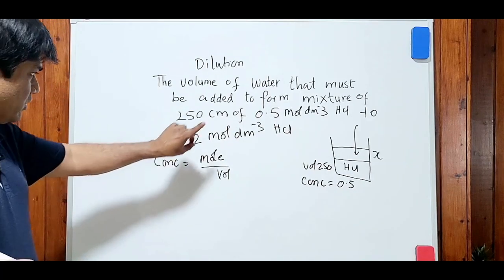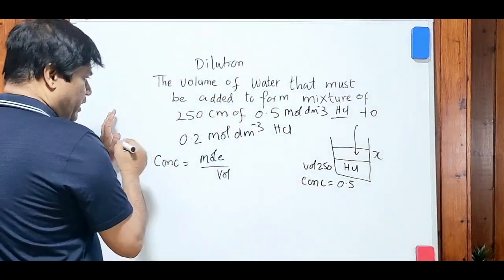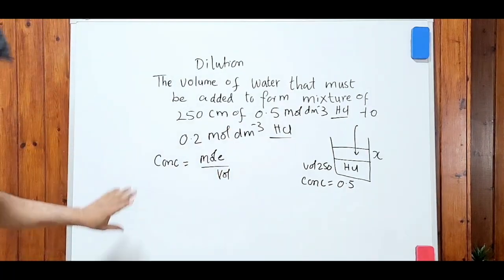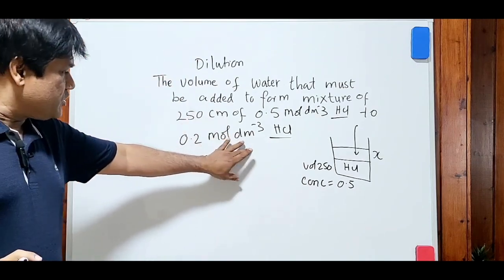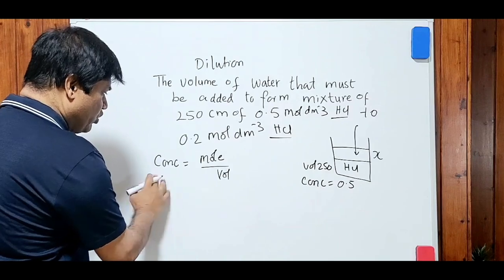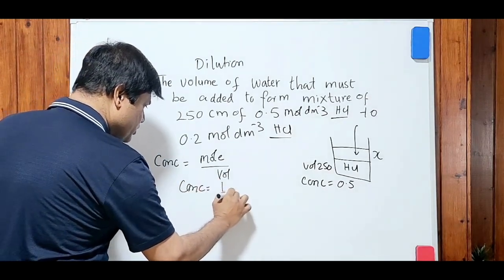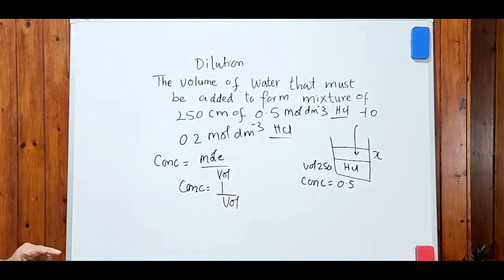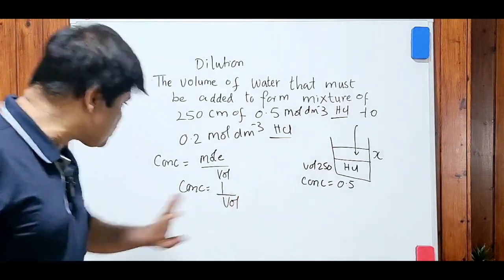When the solute is the same, like my chemical substance is HCl and I'm not changing HCl, what's the relationship between the concentration and volume? Conc is inversely proportional to volume. What does it mean? It means that when you increase the volume, concentration decreases. It's inverse proportionality.